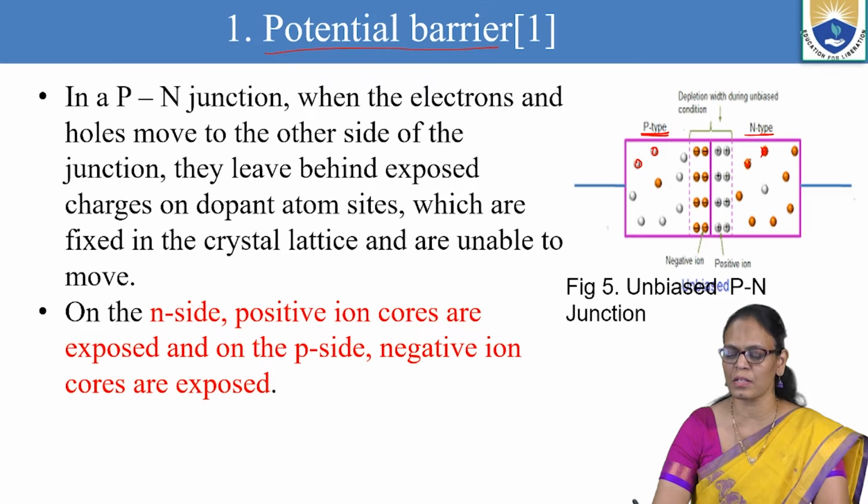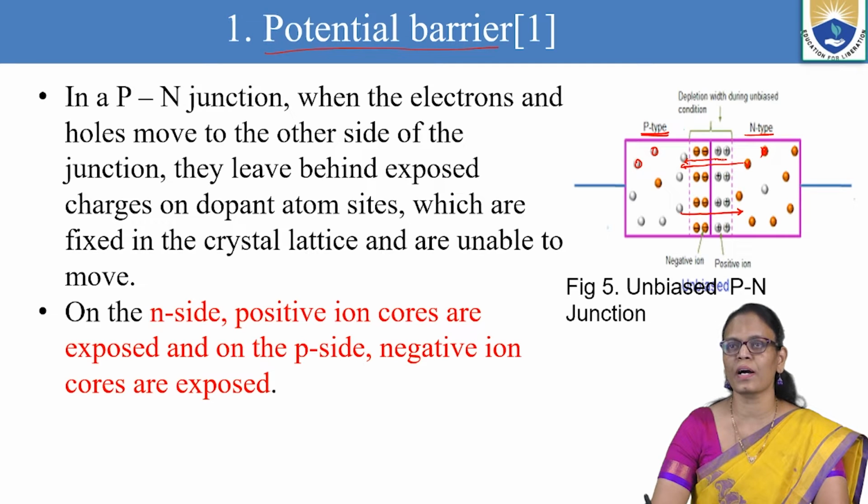Diffusion here means the movement of charge carriers from higher concentration to lower concentration. So the electrons will start moving onto the P side and the holes will start moving onto the N side.